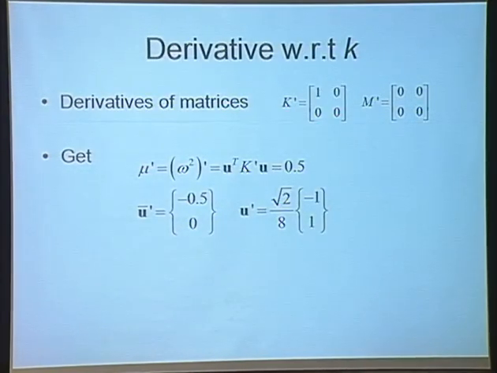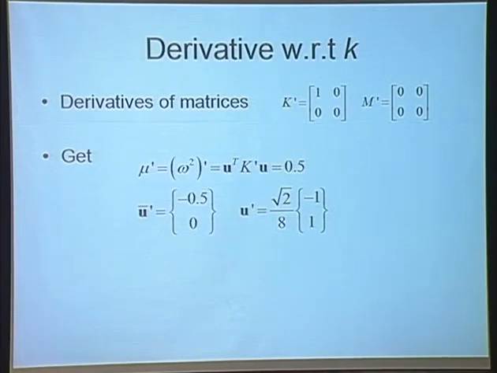And if now we calculate the derivative of the stiffness matrix, it's just 1, 0, 0, 0, and M prime is 0, 0. And so mu prime is simply U transpose K prime U. And we will have the square root of 2 appears twice, and we'll get 0.5.